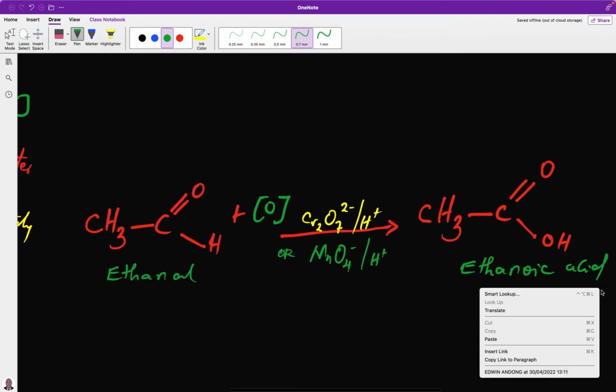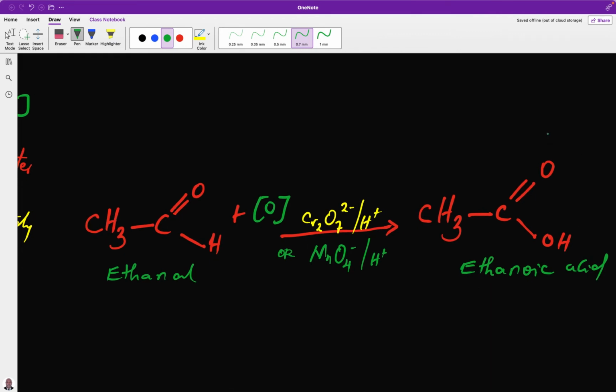So as I said, if the product formed is not distilled off immediately, if ethanal is not removed immediately, there is going to be a further oxidation that will end up in ethanoic acid.